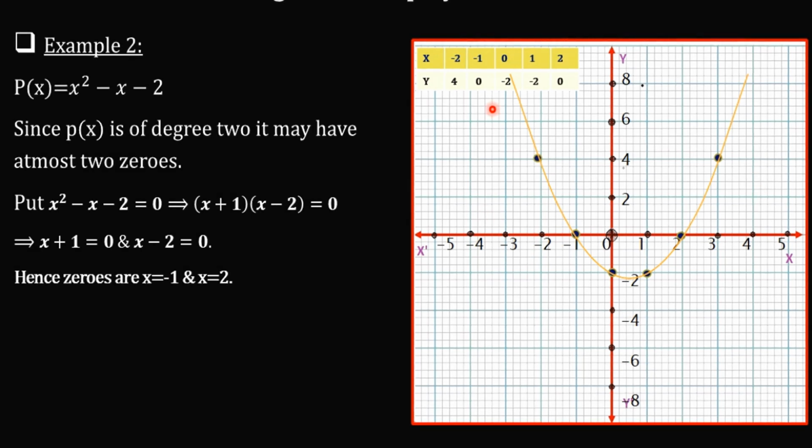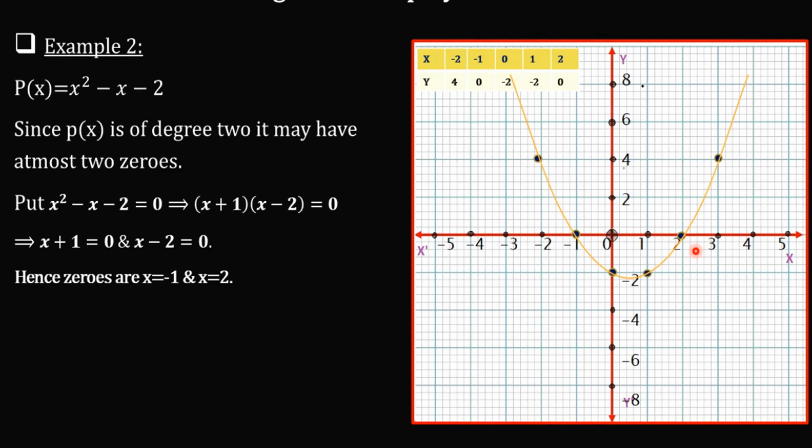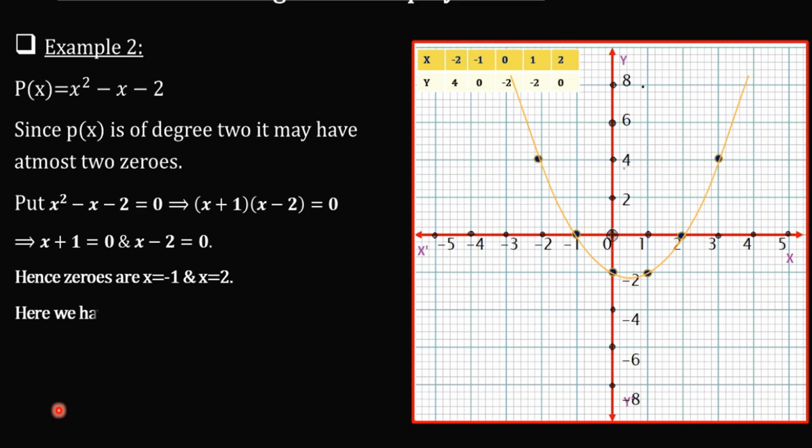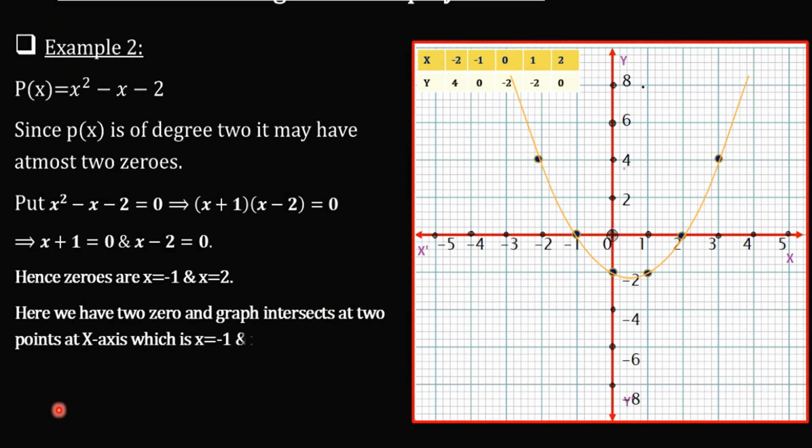So the graph will connect these points, and we can note here that the graph intersects the x-axis at exactly 2 points. What are those points? That is x equal to -1 and 2. So what is our conclusion? The graph intersects the x-axis at 2 points, which are x equal to -1 and x equal to 2.